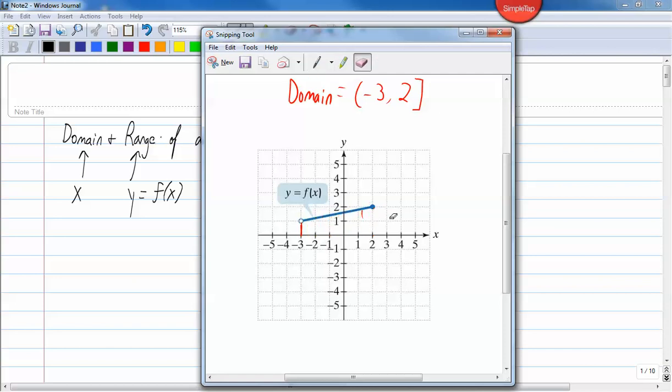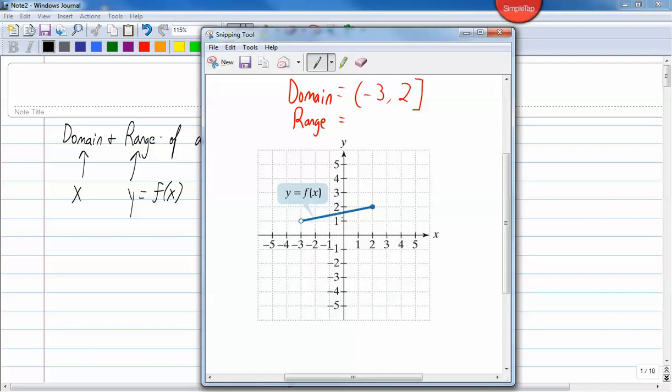Okay. Now let's do the range. We want to figure out which y value could I draw over and touch the graph. You can't touch the graph with any of these y's down here. Even at 0 you can't.